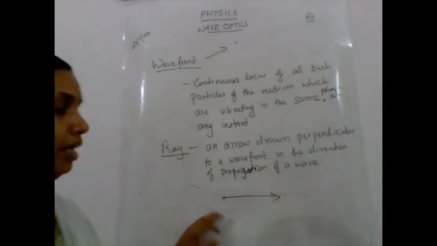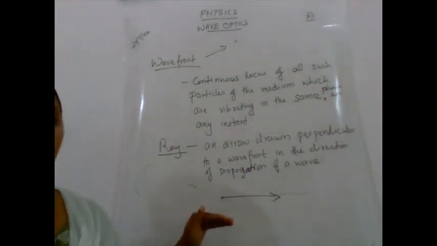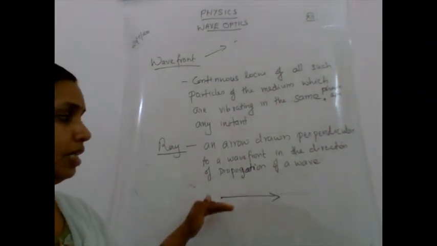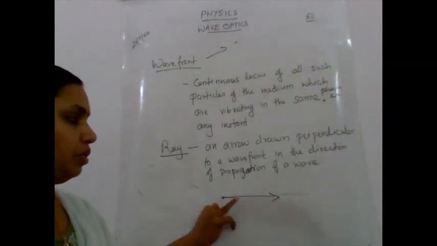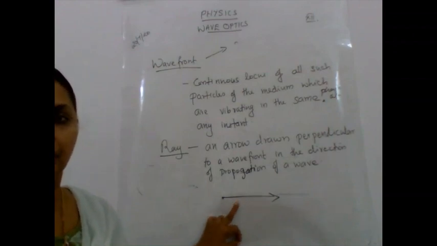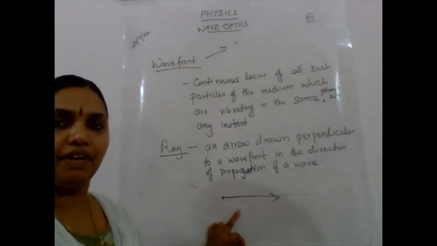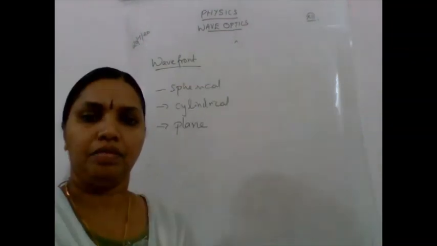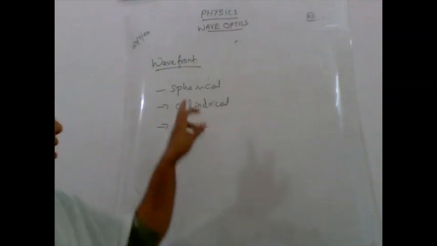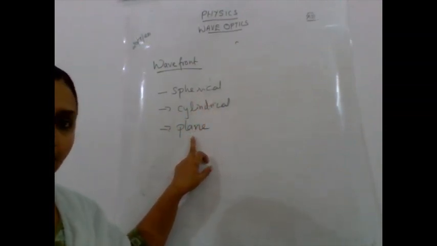So a wavefront, it consists of what? Ray also, which represents the direction of the wavefront. Okay, so we have to draw ray also there, that gives the direction of the wavefront. Okay, then this wavefront, it is classified according to the source. It is classified as spherical wavefront, cylindrical wavefront, and plane wavefront.